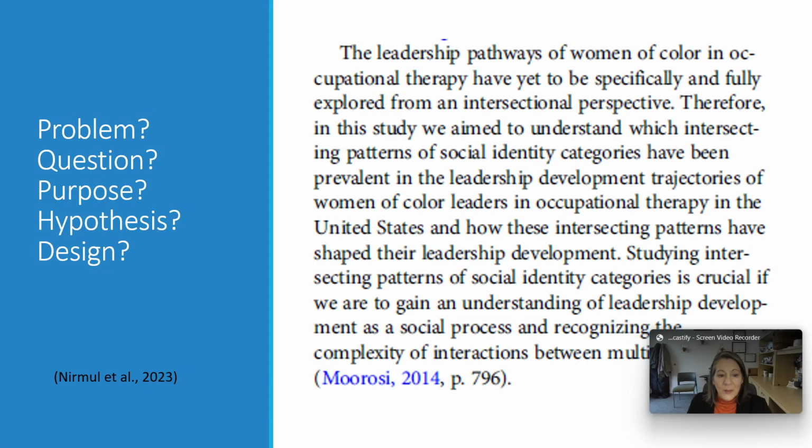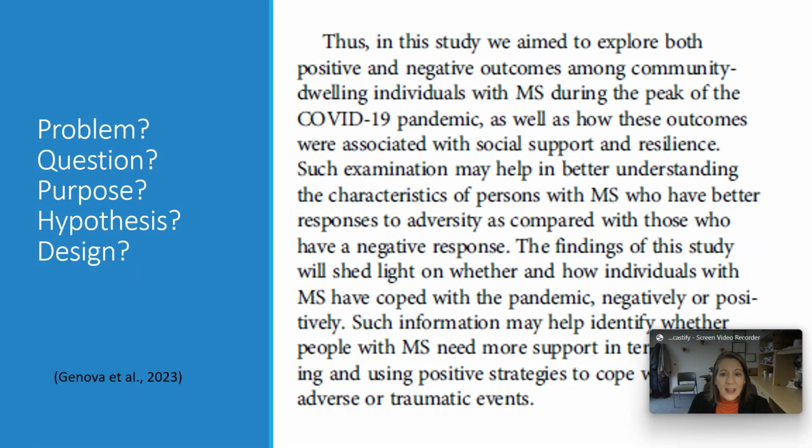So here's one example. Here's another example, this one being a qualitative study, and yet a third example. So we'll take a look at these and let you practice on parsing out those pieces.